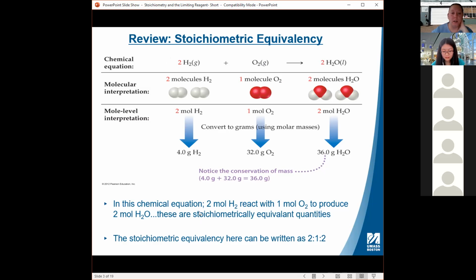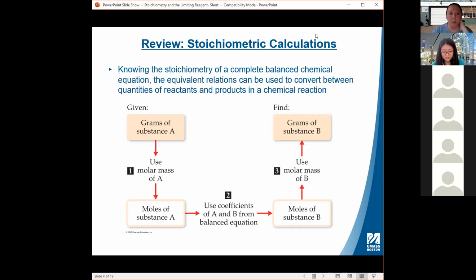And so when we talk about the molar equivalencies of things, that's what we're talking about. We're talking about the balanced equation. So this would be the stoichiometric equivalency. We would say the stoichiometric equivalency here is 2 to 1 to 2. So when we say things like what's the mole ratio, that's what we're talking about: the balanced chemical equation.